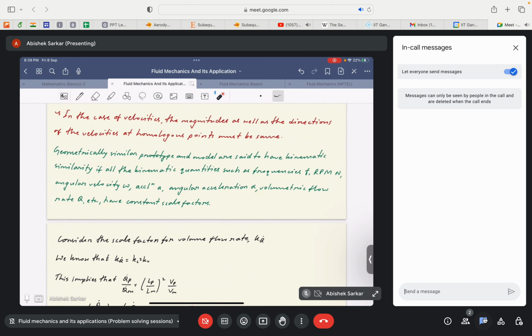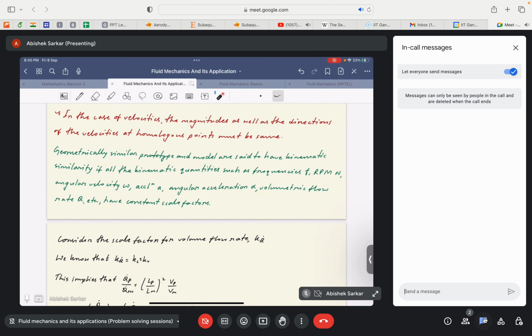Then only we can say that the prototype and the model have achieved kinematic similarity. And that can only be achieved if the prototype and the model have achieved geometric similarity. That's why it's important.